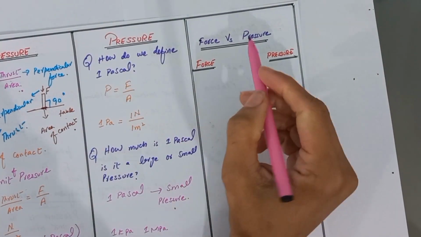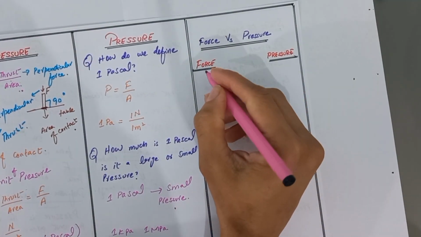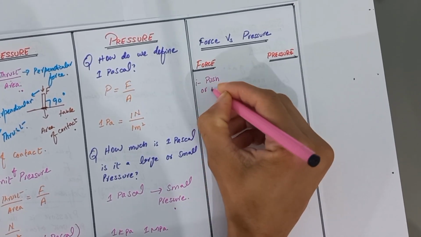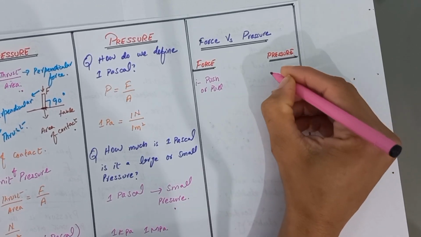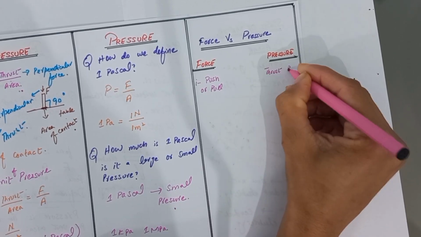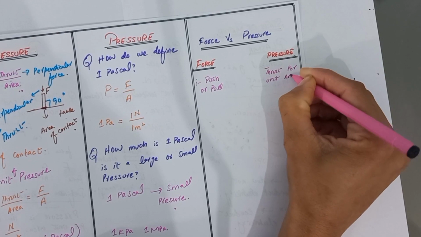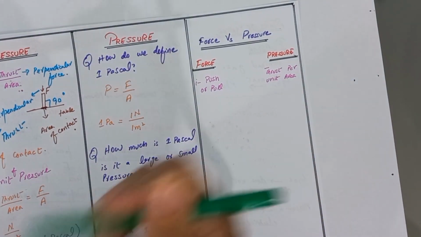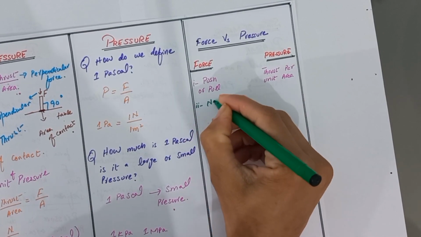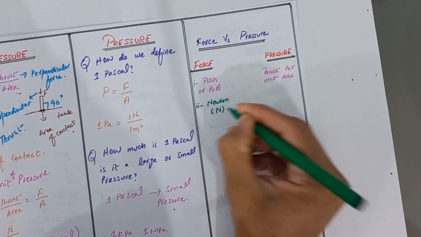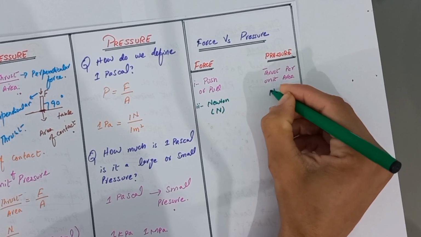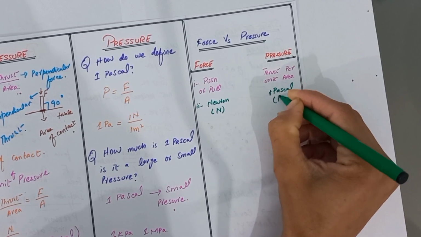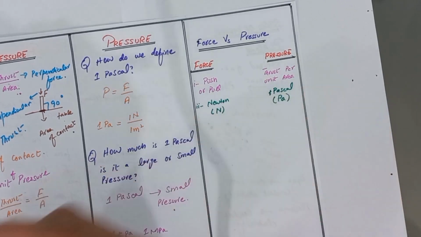Now compare force and pressure. The definition of force is basically a push or pull, and pressure is thrust per unit area. The unit of force is Newton, abbreviated N, and the unit of pressure is Pascal, abbreviated capital P, small a.